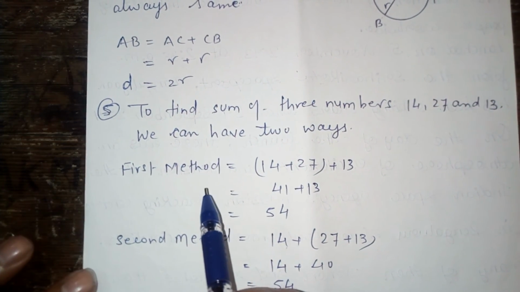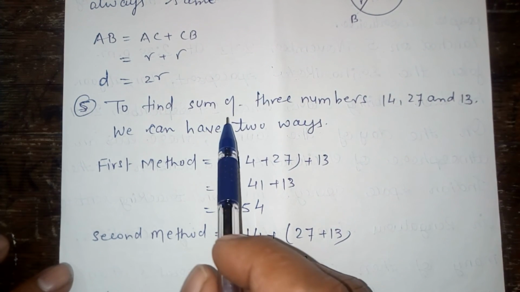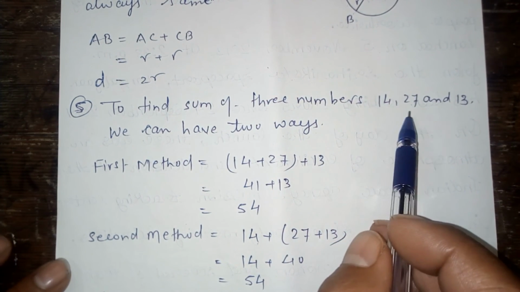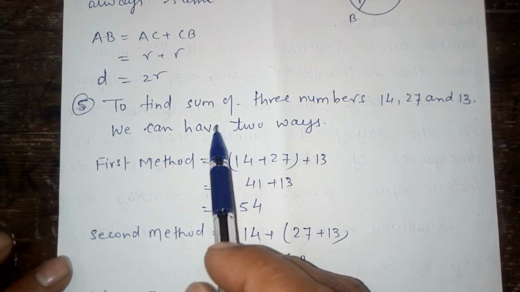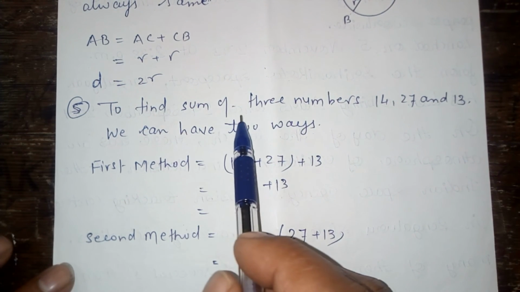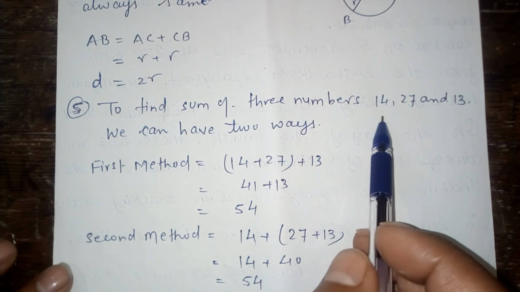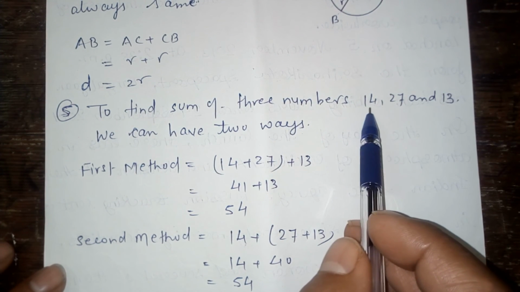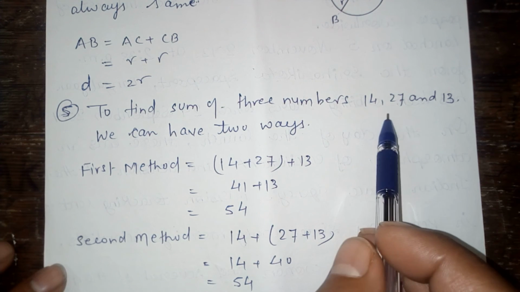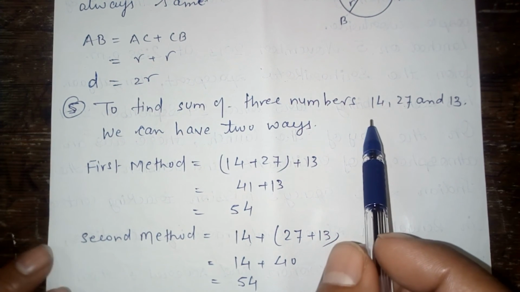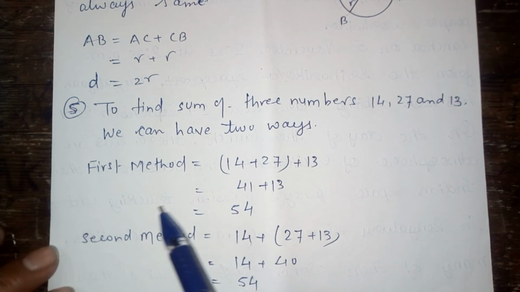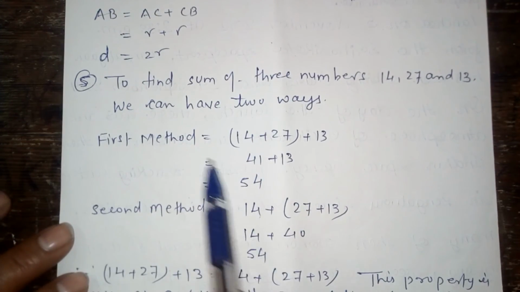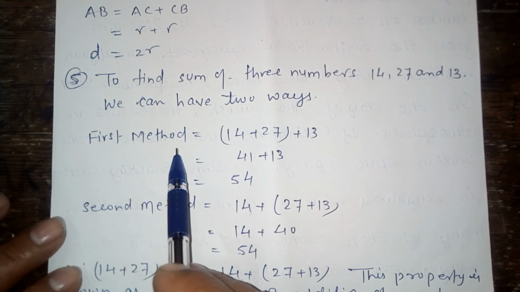Your question number 5 is to find the sum of three numbers 14, 27 and 13. The question is, how can you add these three numbers? There are many methods. Let us discuss two methods. What is your first method?